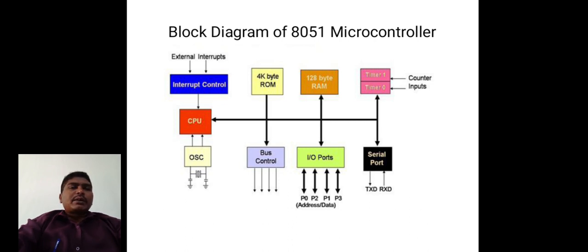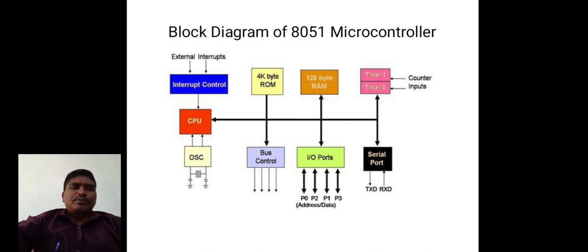This is the block diagram of the 8051. It consists of various components, and we are going to discuss the functionality of each and every component. If you see this block diagram, there are totally 9 blocks.